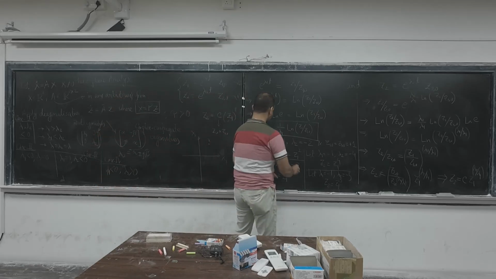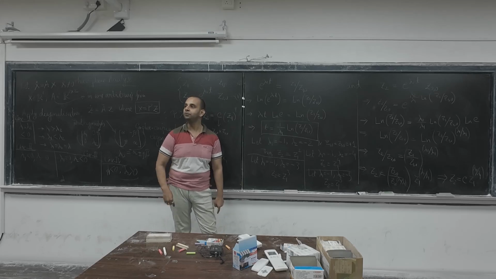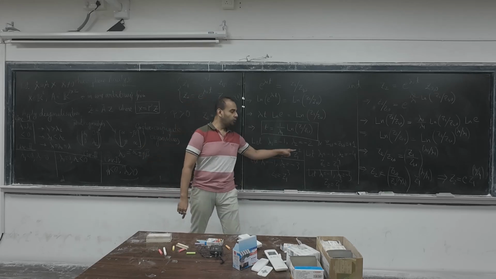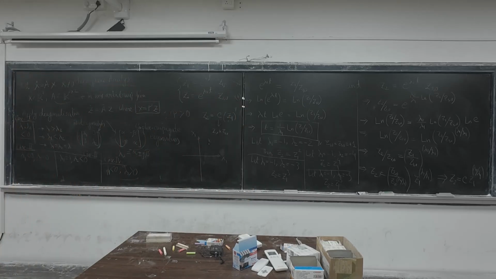Suppose this is the first case, lambda 1 equals minus 1, lambda 2 equals minus 2. Then what is the equation of the locus? z2 equals z1 square. It is simply a parabola like y equals x square.